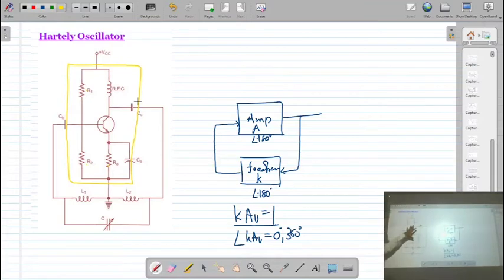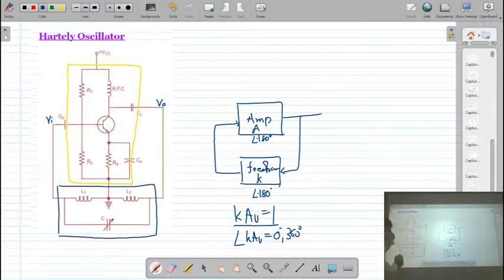So basically this is the amplifier circuit. Now where is the output voltage of the amplifier? Output voltage is going to be produced here. And where is the input voltage? It is the input voltage of the amplifier. Then whatever this network is, this is my feedback network.